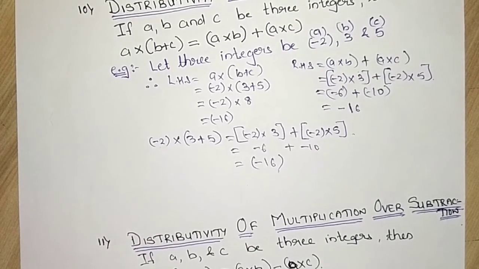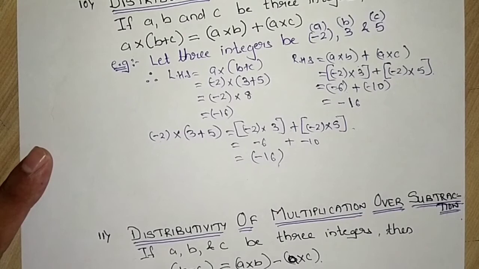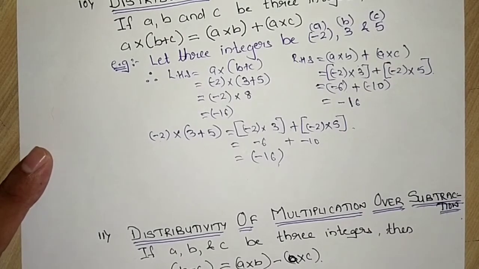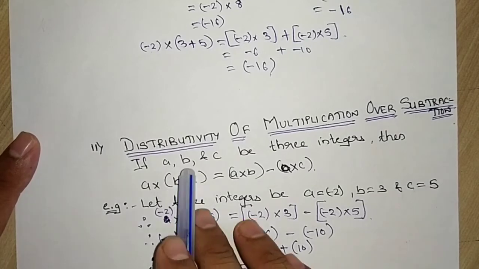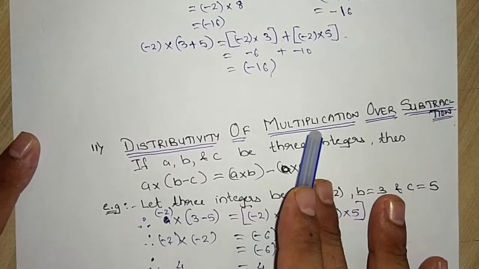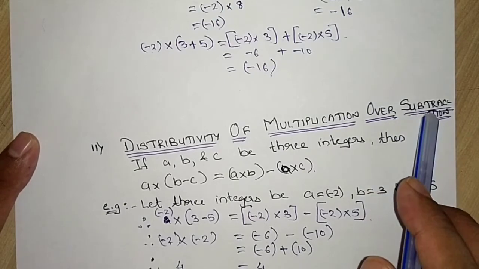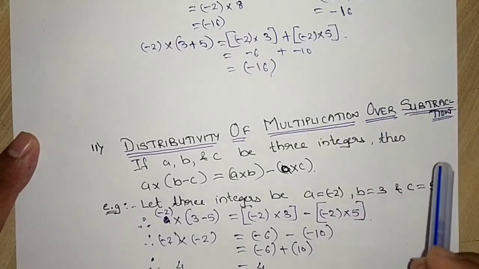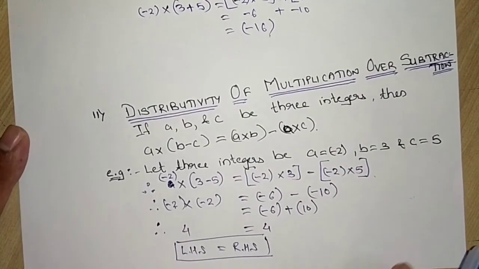Now let us move to 11th number property, which is same as 10th number, and also I have solved it for you. Let us take distributivity of multiplication over subtraction. This time it is subtraction, multiplication over subtraction. What does it say?